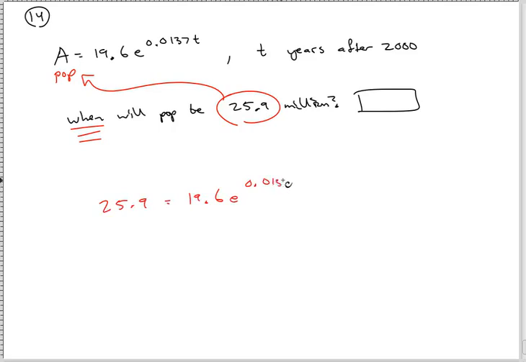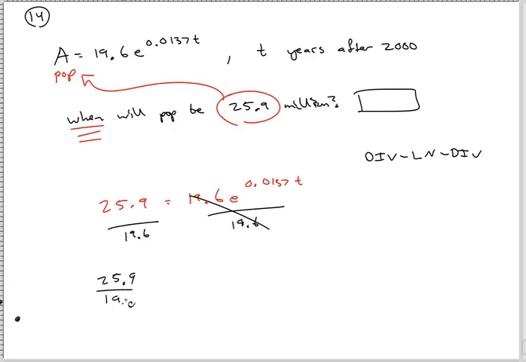We're going to use the same techniques that we've already been learning, but I want to show you a little bit more straightforward answer here. It's called divide, ln, divide. Okay, so first off, I'm going to divide by the 19.6. And I'm going to keep these decimals all together for a little bit because I don't want rounding errors.